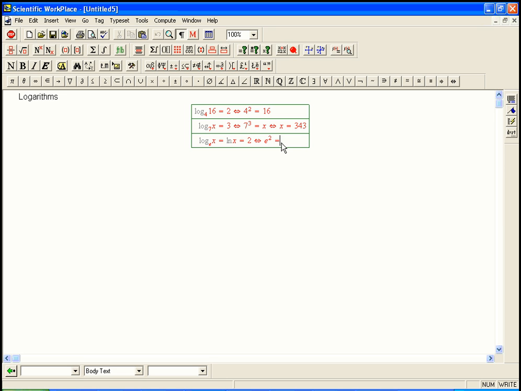And what should I get? I should get x, because 2 was the mystery exponent, which isn't a mystery because we actually told you what it was. The exponent that you need to raise e to in order to get x is equal to 2. So x is e squared, which is 7.3 or something like that. It's that number we came up with in our investigations about interest a few times.